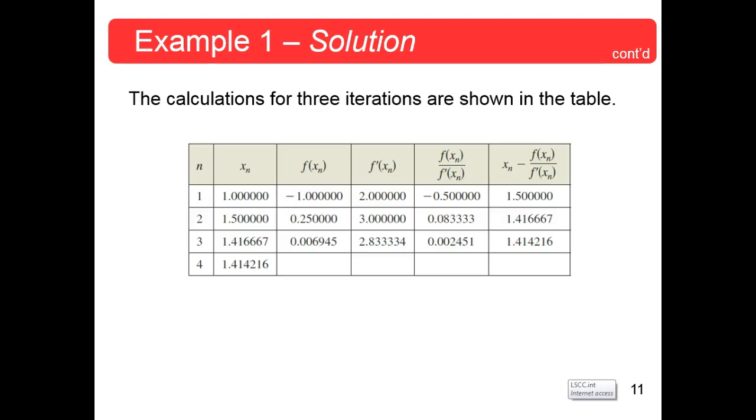Plugging in the numbers then, and they don't show you the operations, they just do it and tell you the results. If you plug in the 1, they told you to use that as your first guess. F of x sub n was minus 1, which you got. F prime was 2, and f divided by f prime is minus 0.5, and 1 minus minus 0.5 is 1.50, blah, blah, blah.